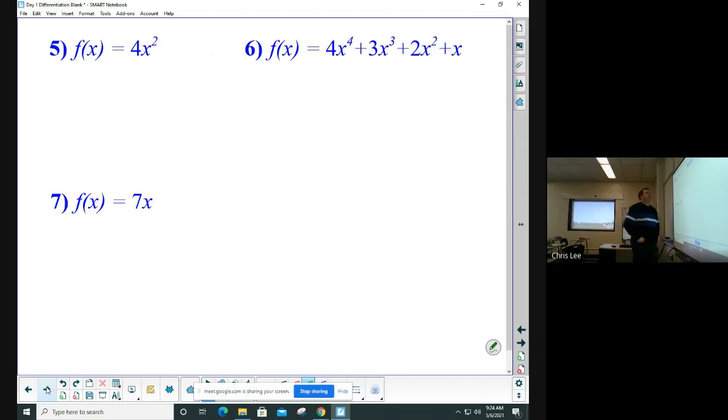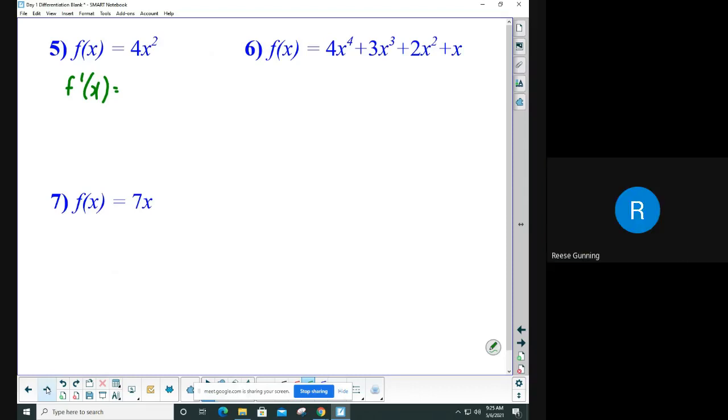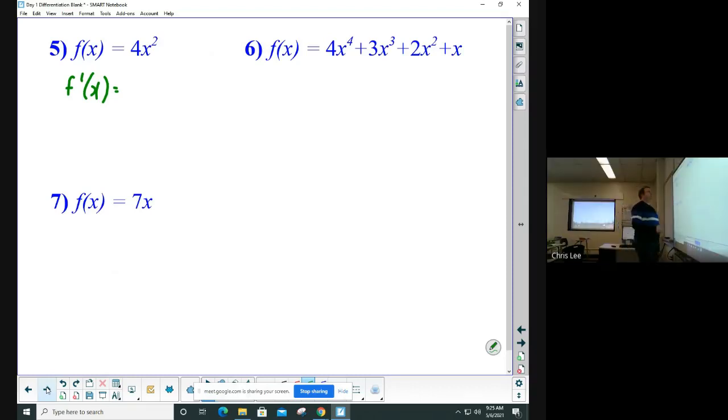Reese, you got an idea of what the derivative is? 8x. Yes. Technically, it's this, 4 times 2x, but we're not going to write that. We're going to go straight down to this. Exactly what Reese said, 8x. Good job.